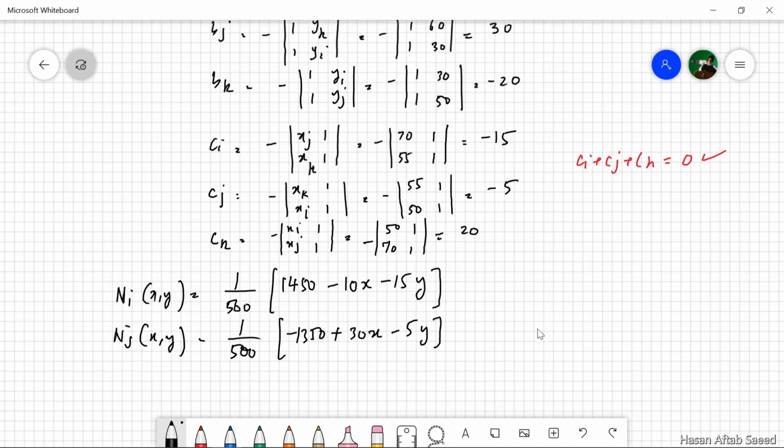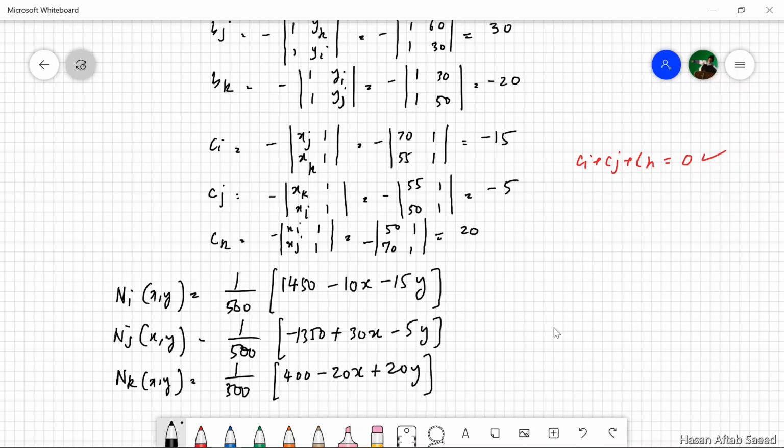And Nk is 1 over 500, and 400, this A is 400, minus 20x, 20 is Bk, and plus 20y. This is Ck, which is 20.